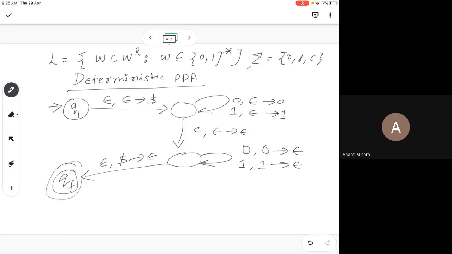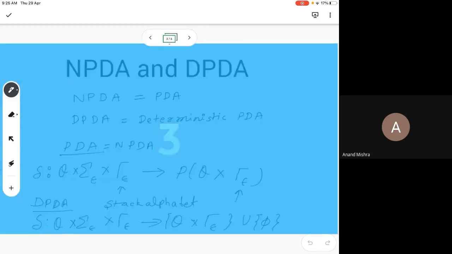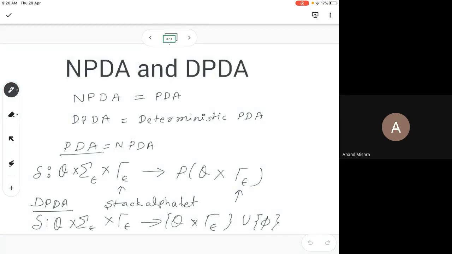So here you can see that though it is a deterministic PDA, we still have epsilon. You can ask why is that? In a deterministic finite automaton, we do not have the epsilon transition. But here epsilons are there because you are still doing some push-pop operations, or you're not doing anything on the stack. And if you remember the definition, the DPDA also has the epsilon symbol, so epsilon transitions are allowed.